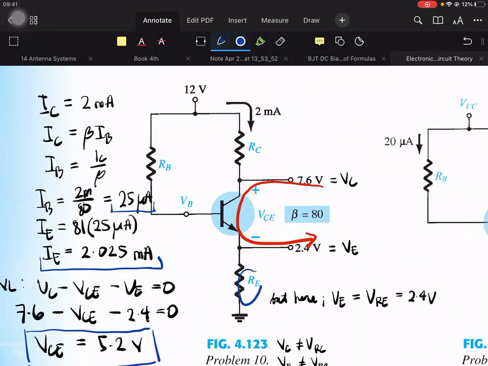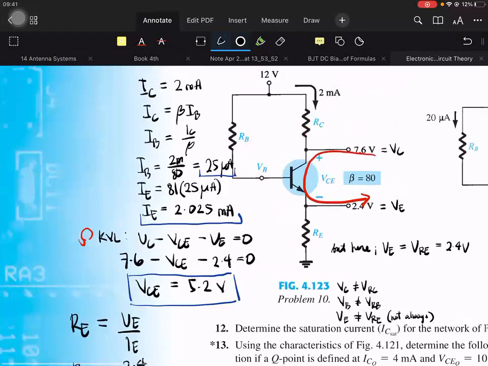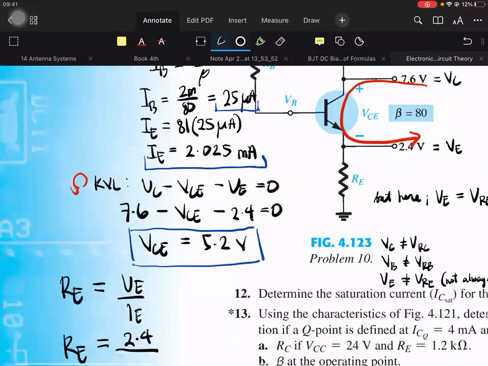We can also solve for RE, since we have IE. By Ohm's law, RE is equal to VE over IE. VE is 2.4, given. IE we obtained, 2.025 milliamperes.